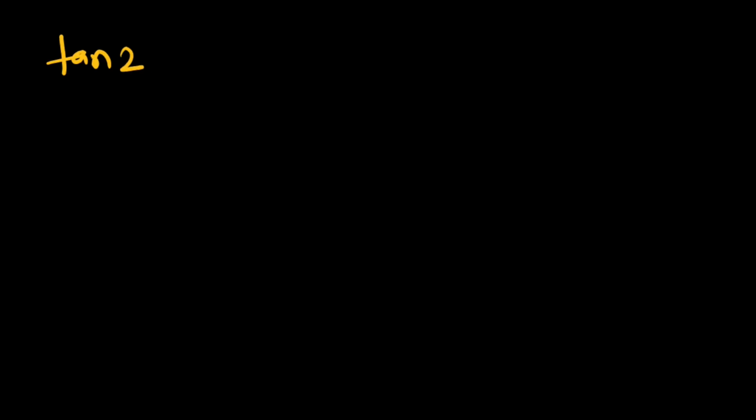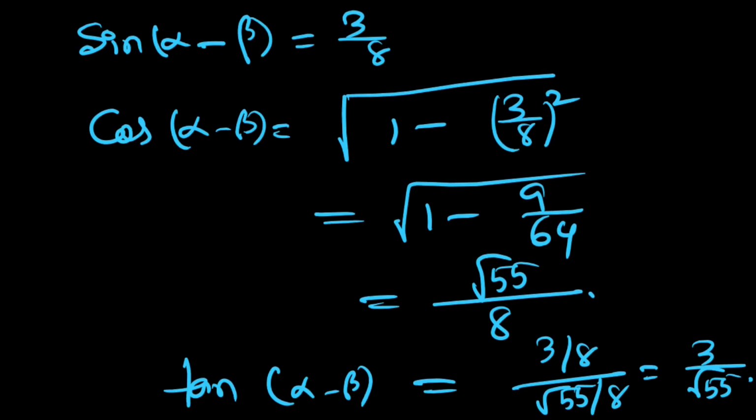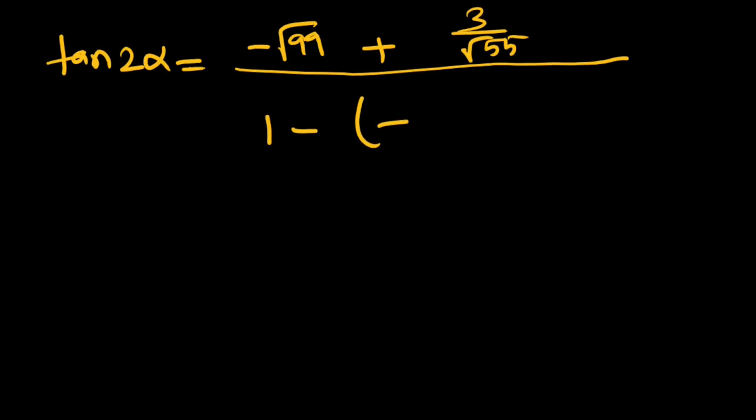Therefore tan 2 alpha is equal to tan of alpha plus beta, which is minus root under 99, plus tan of alpha minus beta, which is 3 over root under 55, over 1 minus (minus root under 99) into (3 over root under 55).